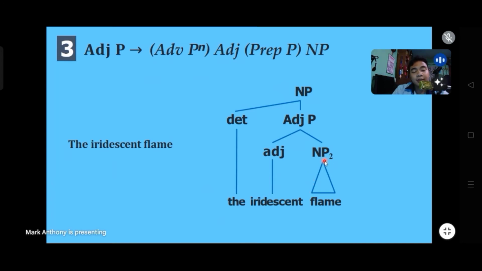If we go back to the structure rule, here is the adjective, and here is the noun, so that is the basic structure rule for the adjective phrase.